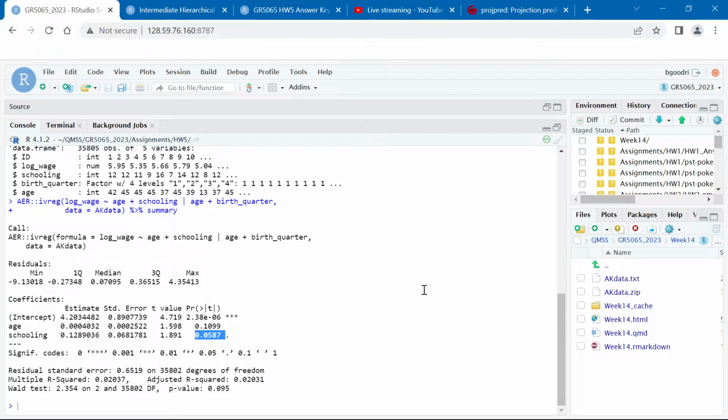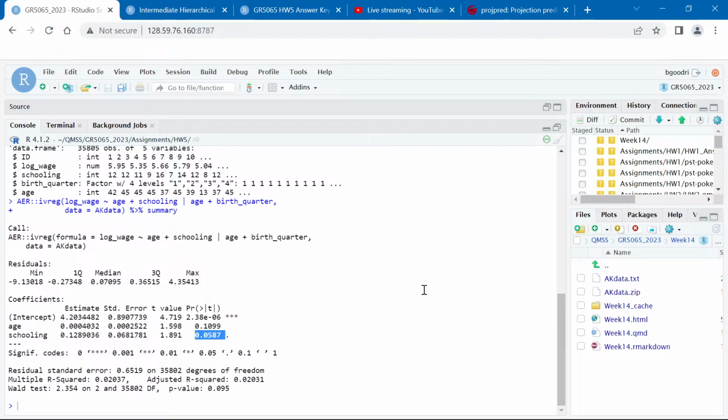And yeah, there's some justification, like no one thinks having more schooling has a negative relationship with log wages. So maybe we could get away with a one-tailed test. So we would reject the null hypothesis that the causal effect of schooling is 0 in favor of the one-sided alternative that the causal effect of schooling is positive. And if researchers stopped there, it wouldn't be the worst thing in the world.